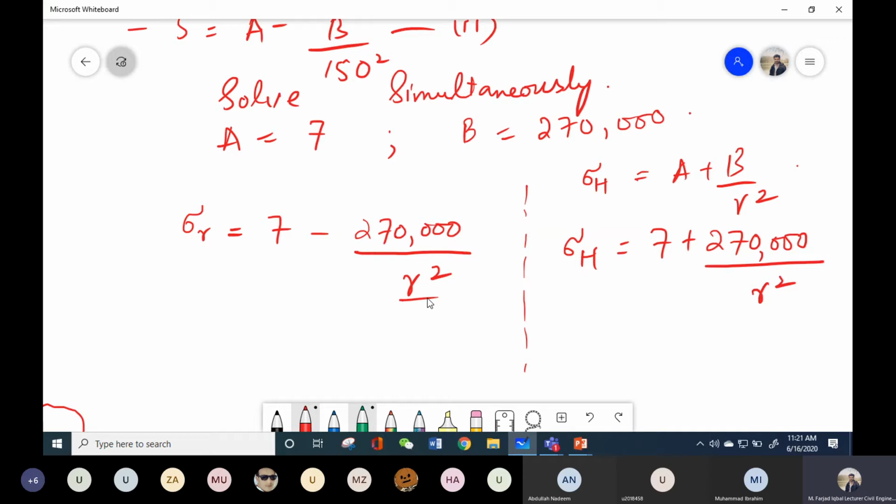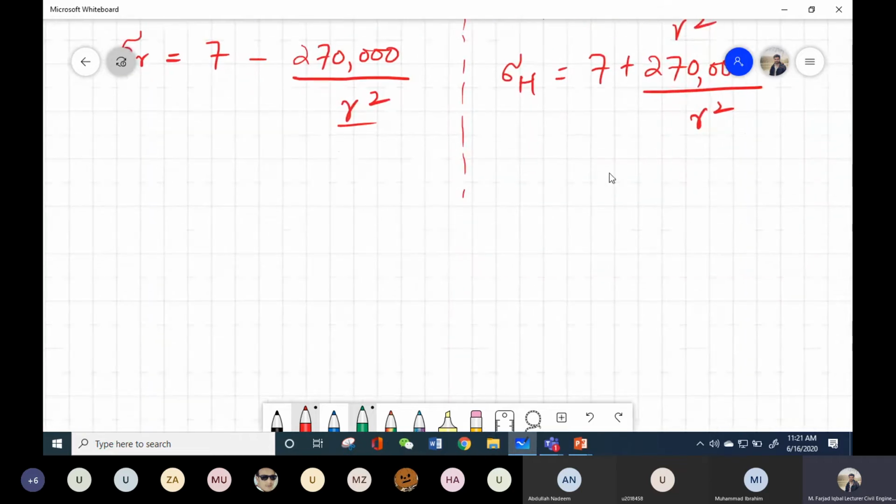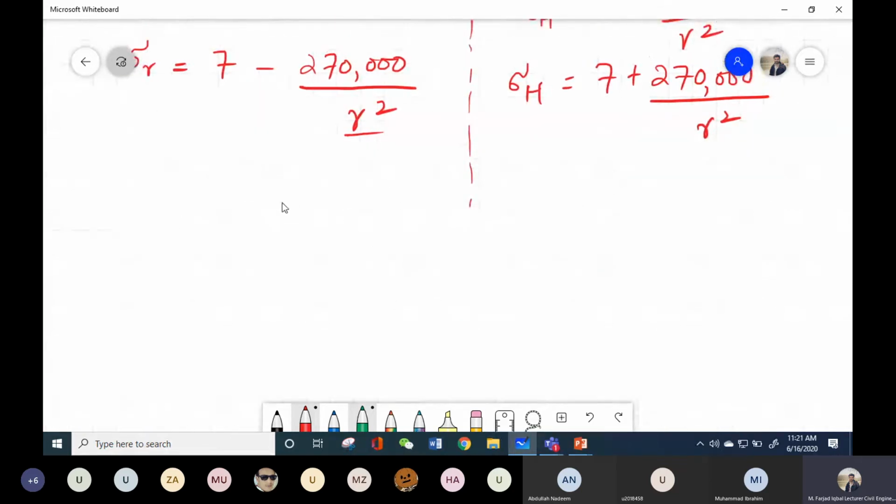So let us start with the internal point first, what are the hoop stresses and radial stresses at a radius of. Now keep your calculators with you and keep on giving me the answers quickly. So let's say the first point we take is at a distance of r is equal to 100 millimeters. What is the value of radial stress and the value of hoop stress?